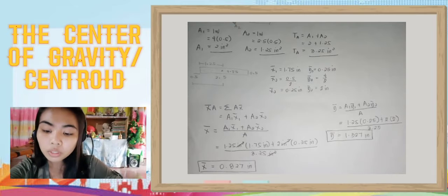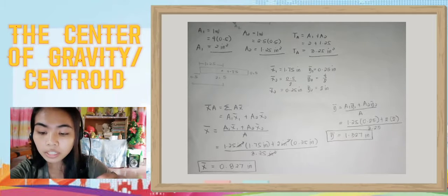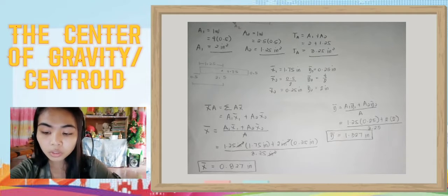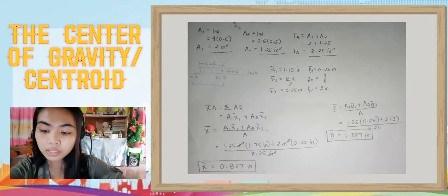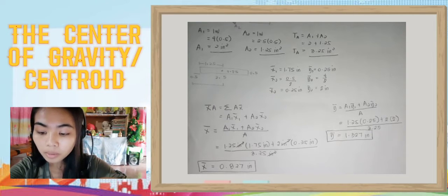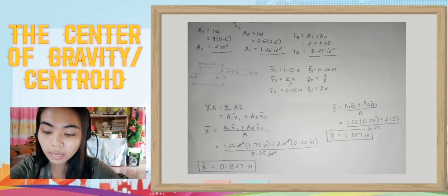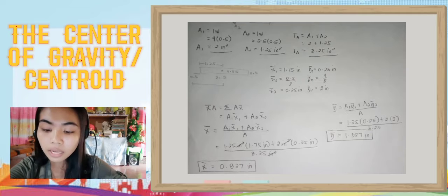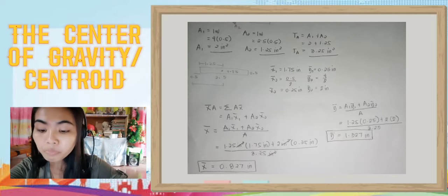For area 2 naman, kasi 3 inches yung measure nito, babawasan natin ng 0.5 kasi yung area lang na occupied ng area 2 natin is nabawasan ng 0.5. So, magiging 2.5 na lang. 2.5 inches ang length at 0.5 din yung width.